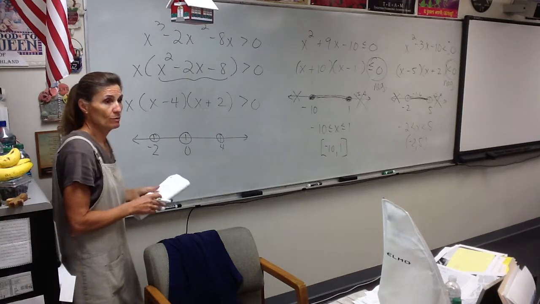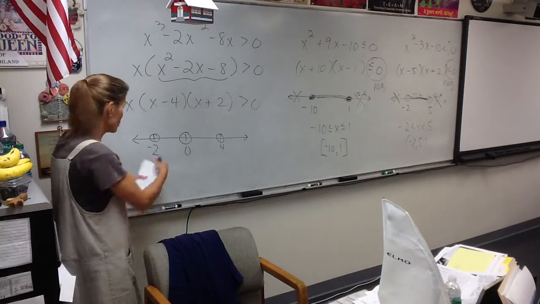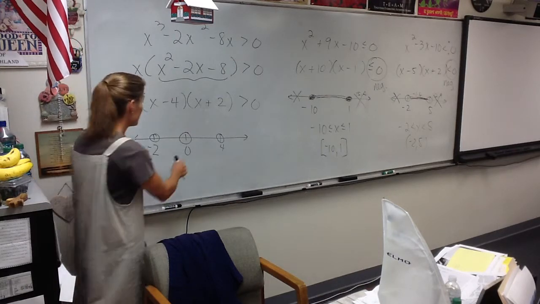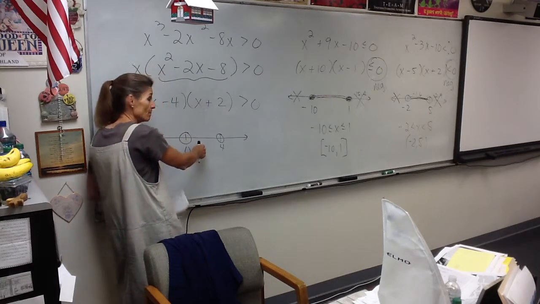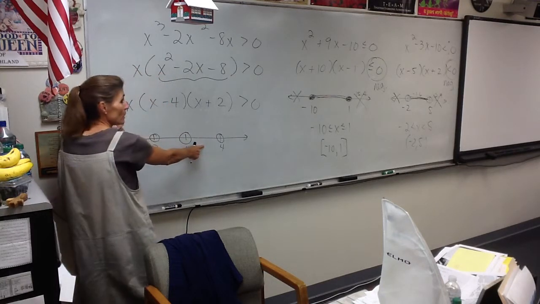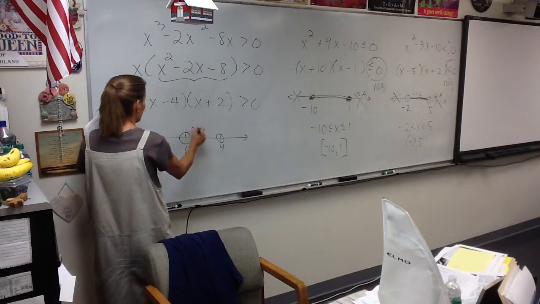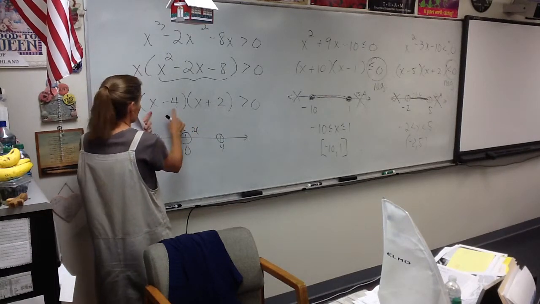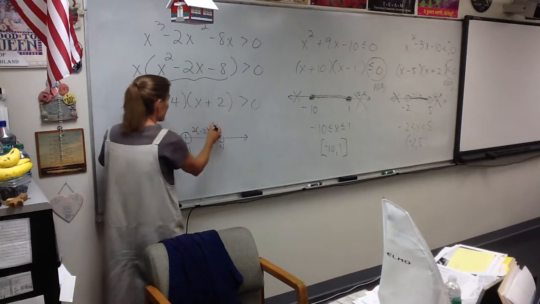Now, guess what you do? Same thing. Pick a number. What number do you want to pick? 2. 2 is in here. Pay attention where you are. 2 is in here, right? So if I put 2 in for all of my x's, I will have 2 times -2 times 4.